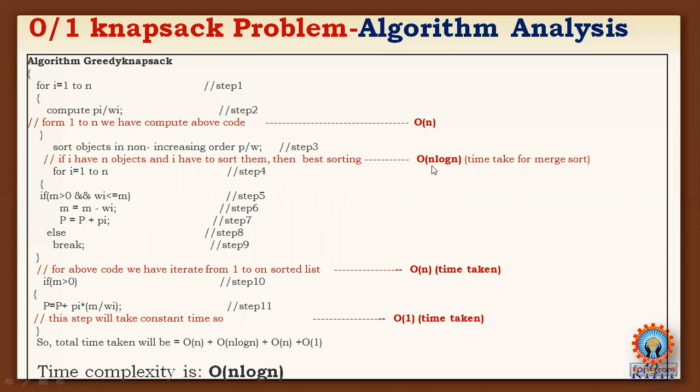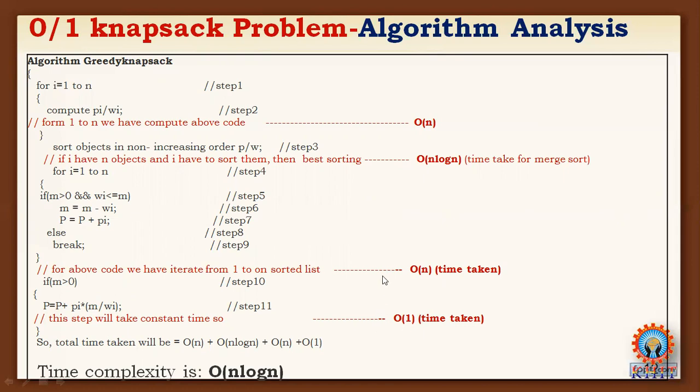Sorting the objects will take n into log n time. Then we do the iterations of the steps, which will take n times, and the sum of profit in each iteration will take order of one time.